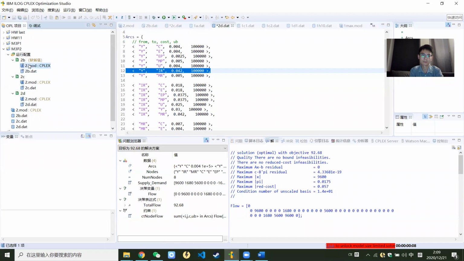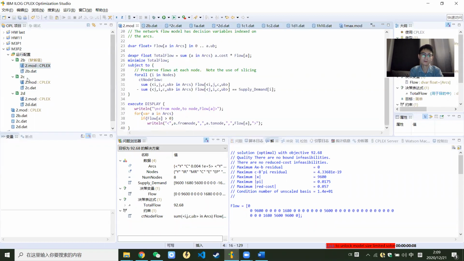So here it is. For the mod file, all the problems in problem 2 share the same mod file. It's the one we used in our homework.